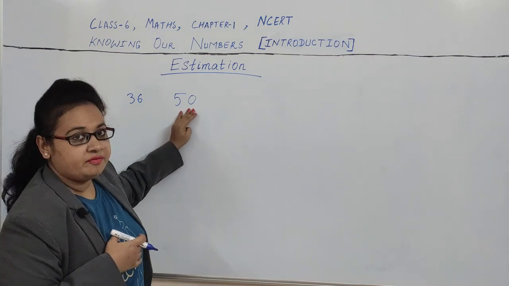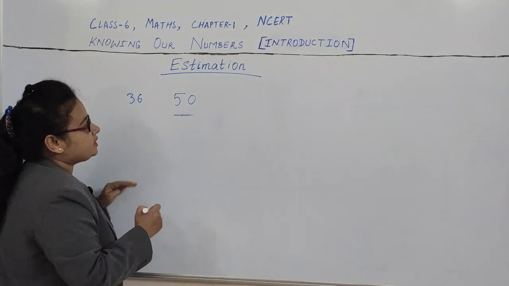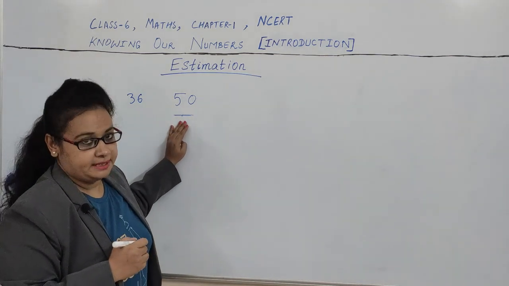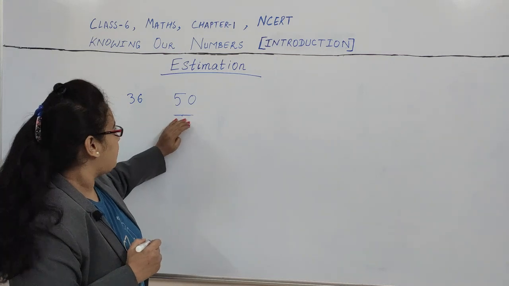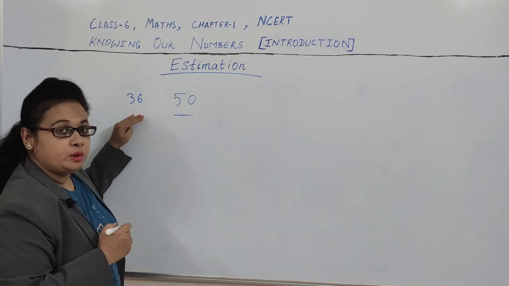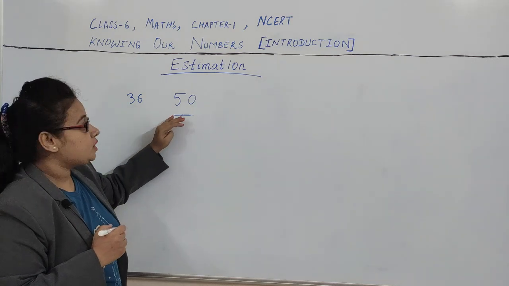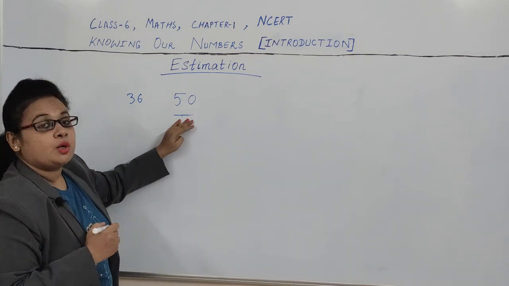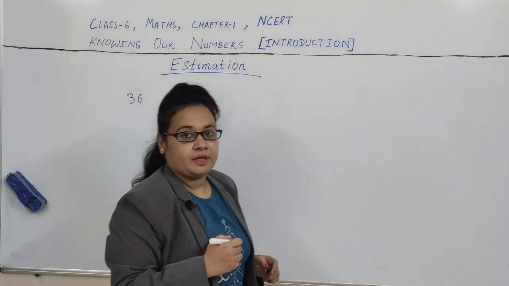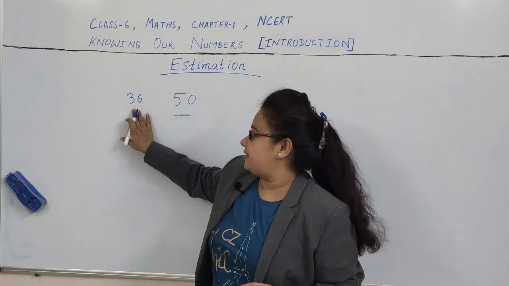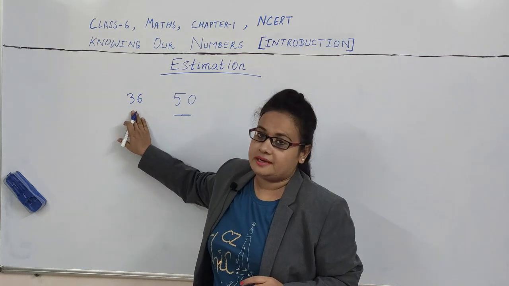This is an approximated number of chocolates which you are thinking may be needed tomorrow. So 50 is a good approximation of 36. Though there are 36 students in the class, you will take 50 chocolates because you think that 50 is a good approximation of 36. You are not going to take this fixed amount of chocolate, you are going to take more chocolates than this 36.